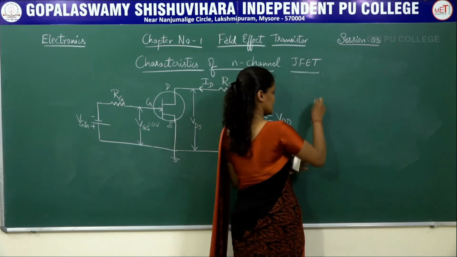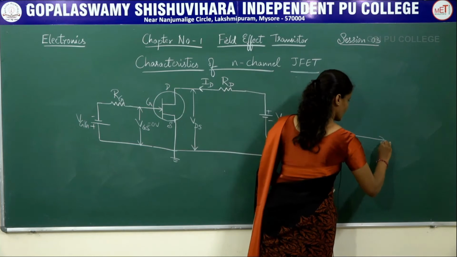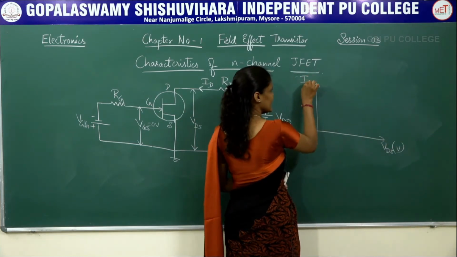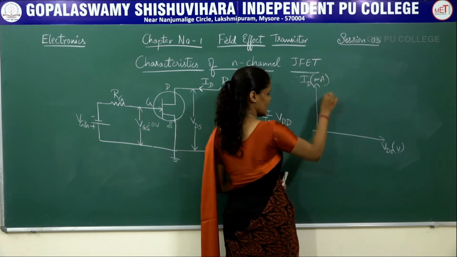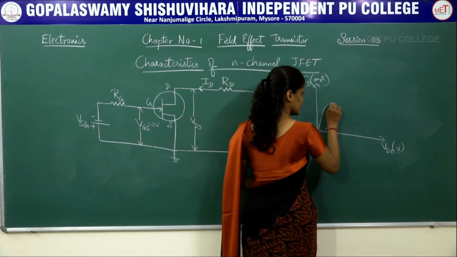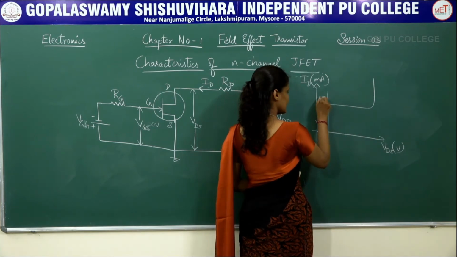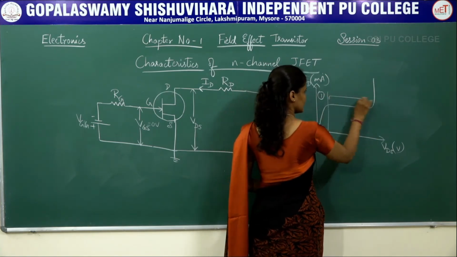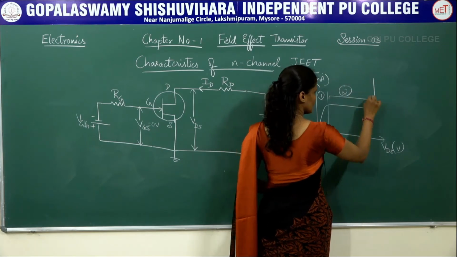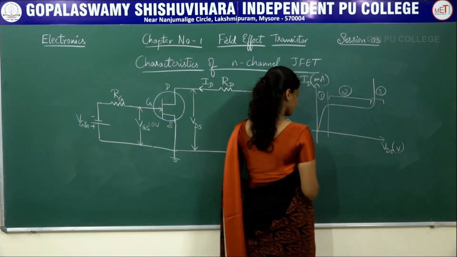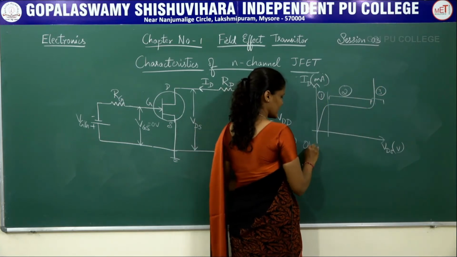So this is a graph of VDS which is measured in volts and ID which is measured in milliamps. I'll be having 3 different regions. Let me call this region 1, this region 2, and above this region 3. First one, ohmic region.